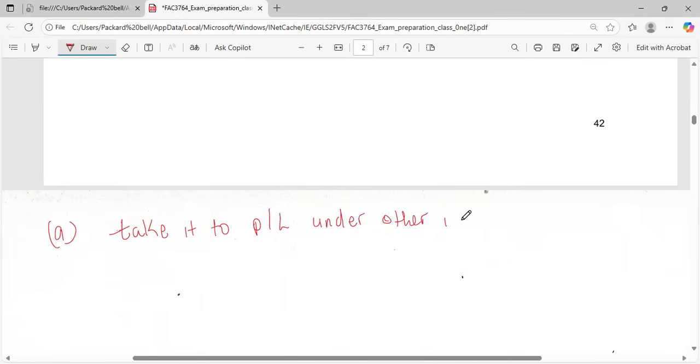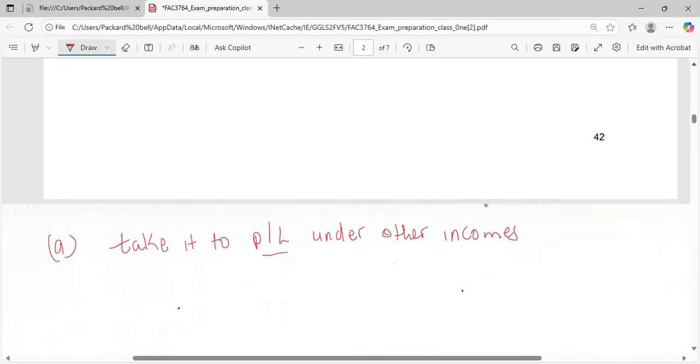Under other incomes. So if it is a gain on bargain purchase, we take it to the profit and loss under other incomes. If it is goodwill, we take it to the statement of financial position under non-current assets. So that is our A.